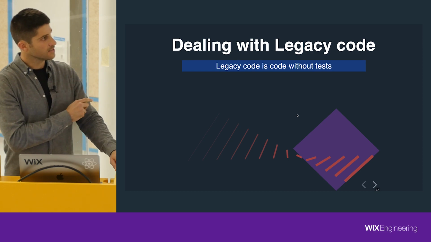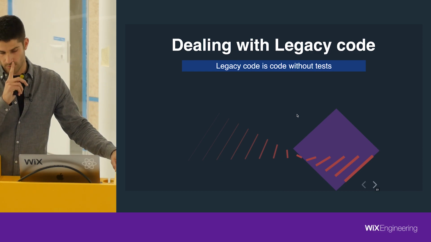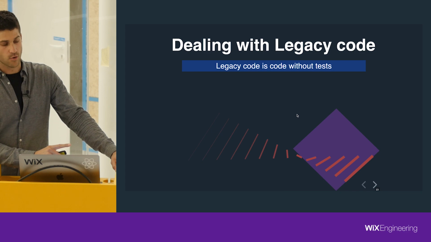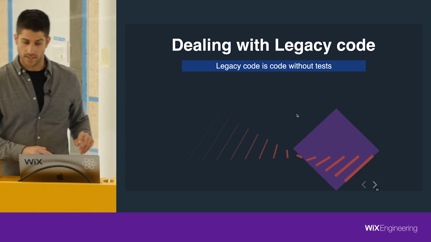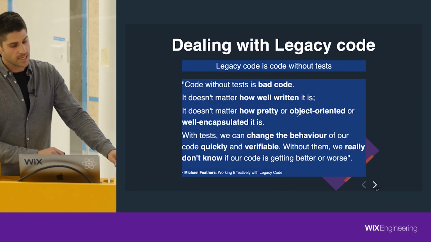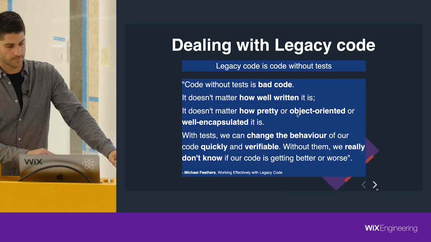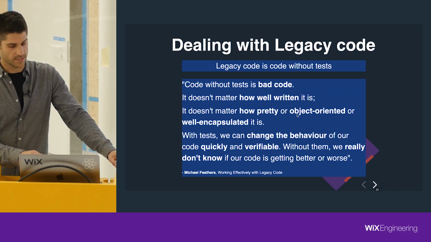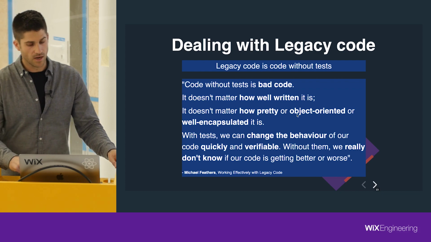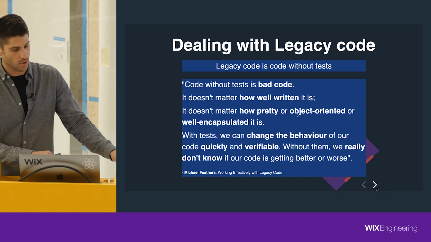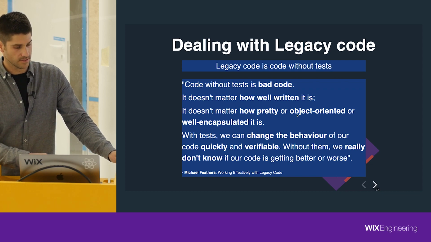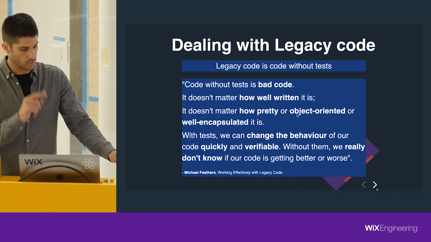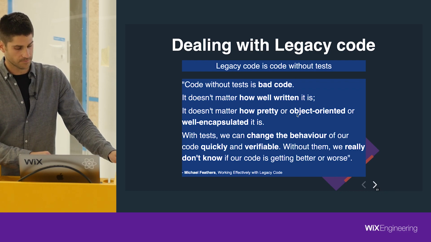In the next click, I'm going to read a quote that I really believe and really connect to. So I show you. Code without tests is bad code. It doesn't matter how well written it is. It doesn't matter how pretty or object-oriented or well encapsulated it is. With tests, we can change the behavior of our code quickly and verifiably.